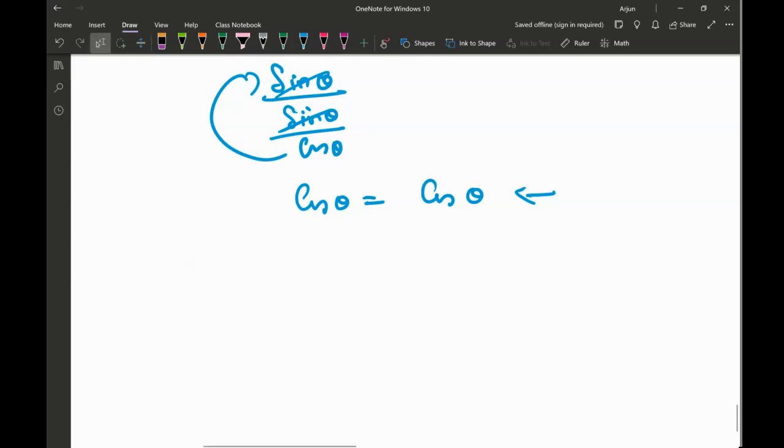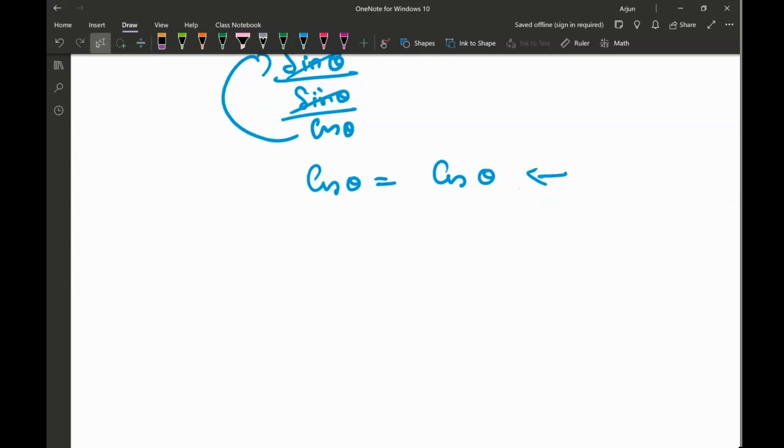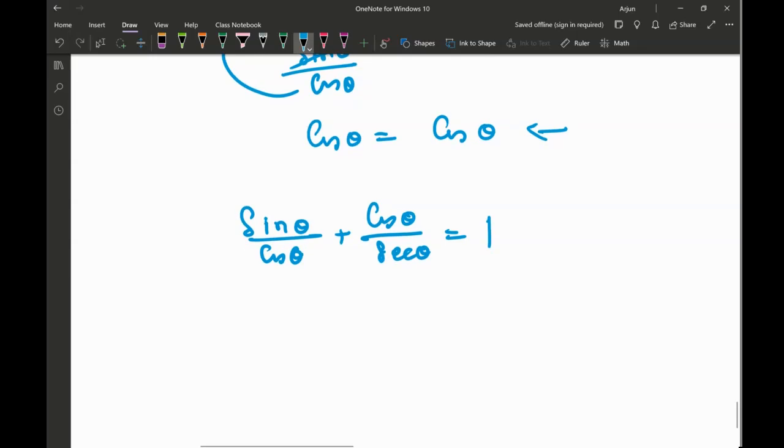Another interesting question which I'm going to take right now is sine theta upon cosecant theta plus cos theta upon secant theta is equal to 1. That's what I wanted to prove.